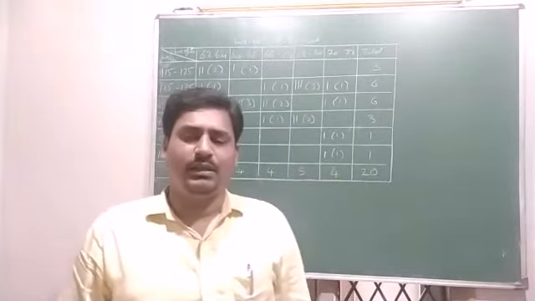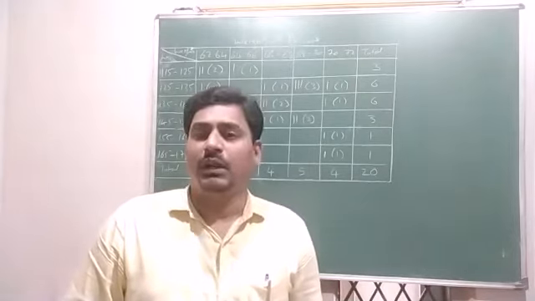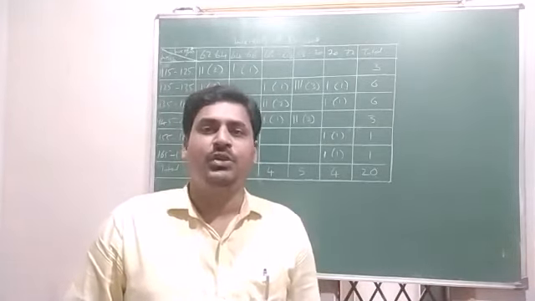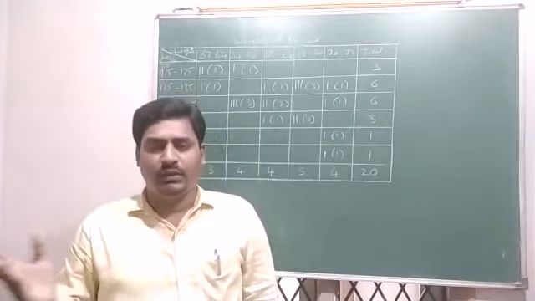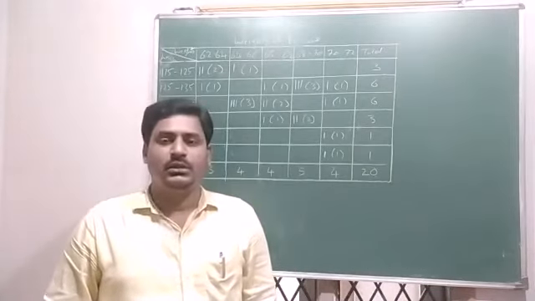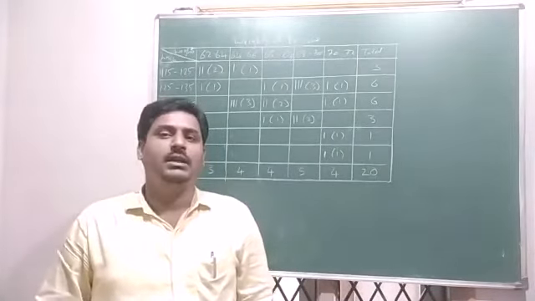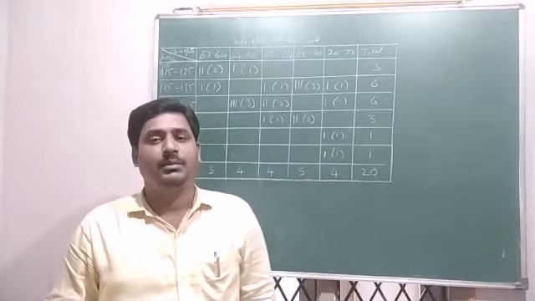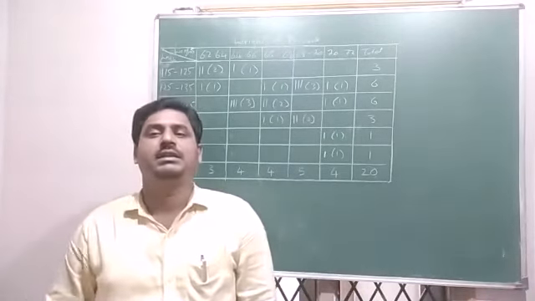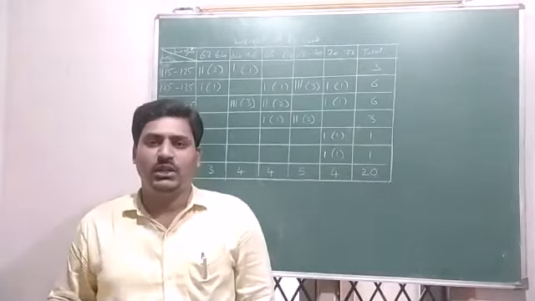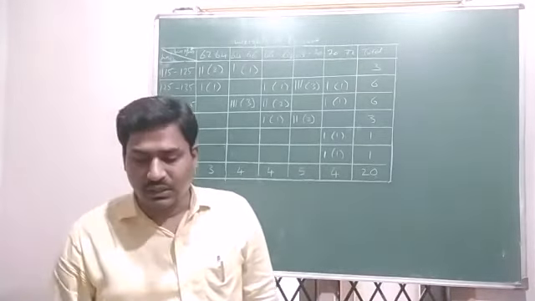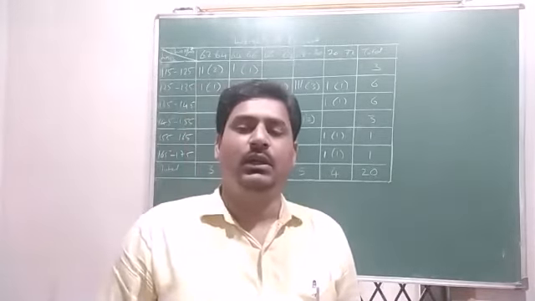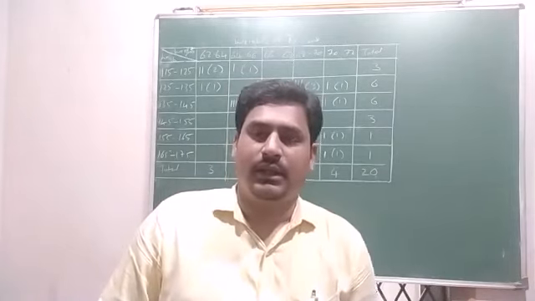For example, another table we can prepare is number of children for mothers of different age groups. So age groups we can take in class intervals, and number of children we can take in discrete order, 0, 1, 2, 3, 4, like that. So such a table is there in the textbook. We'll solve it in next classes.